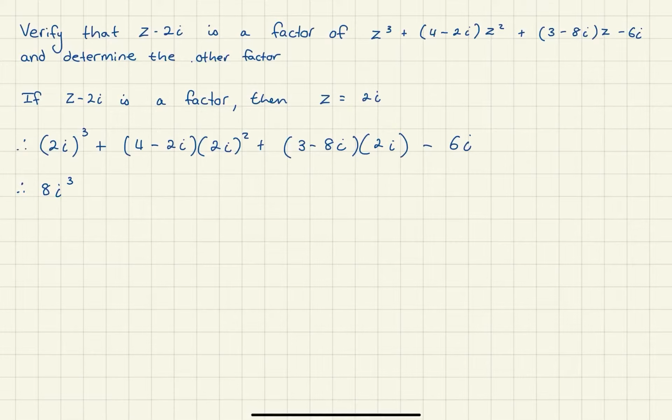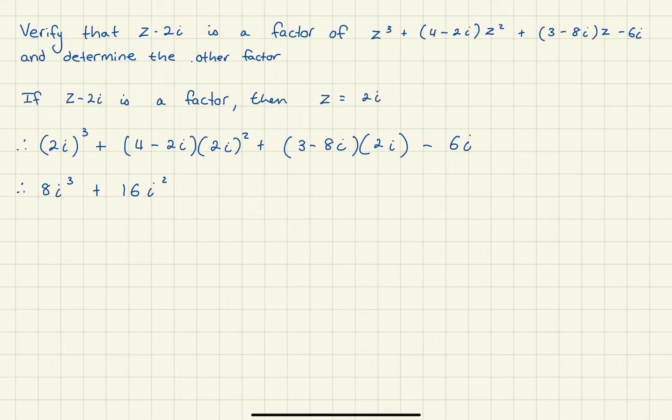So I cube the 2 and I cube the i, plus, alright, let's get into this one. This is 4 times, this is not 2i, it's because it's squared there, so it's 4 times 4i squared, so that gives me plus 16i squared.